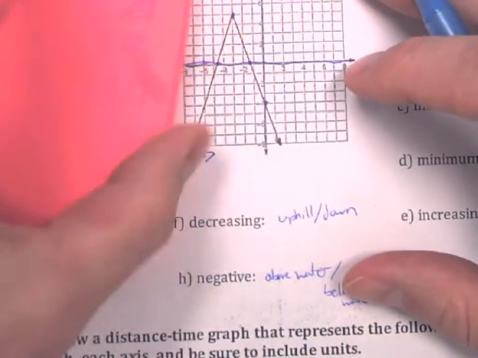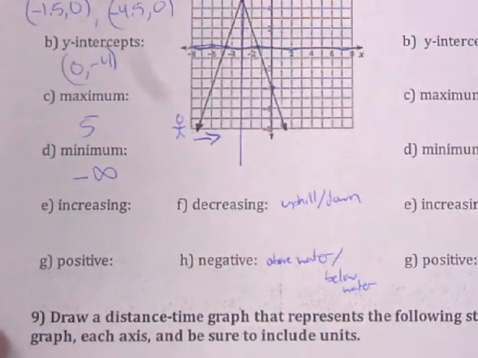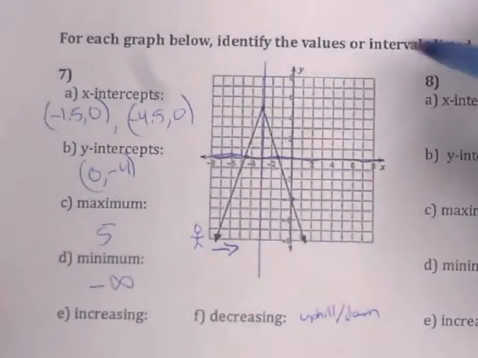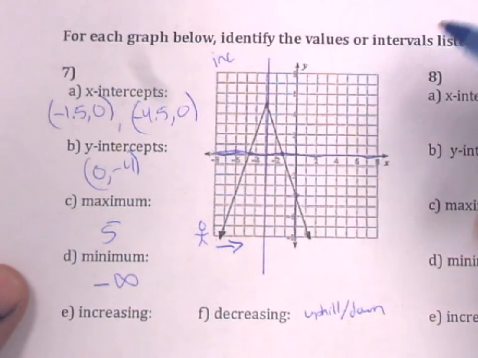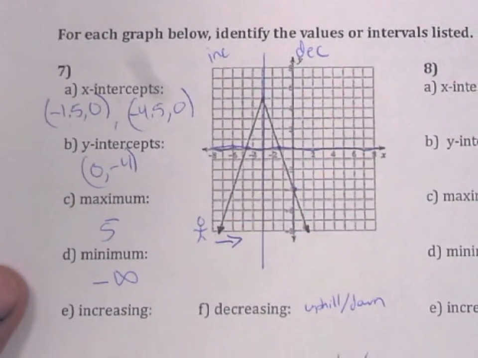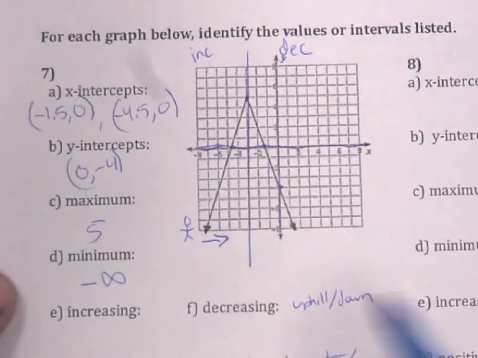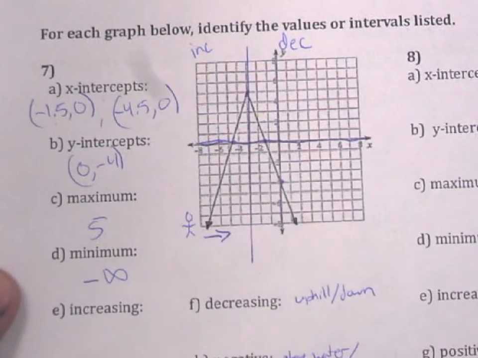So we're going to draw a vertical line here that goes through our graph. On the left side of that line, we're increasing because he's walking uphill. On the right side of that line, we're decreasing because he's walking down the hill. So there's just two sections here. These arrows, remember, it keeps going down forever, so he's been increasing forever.